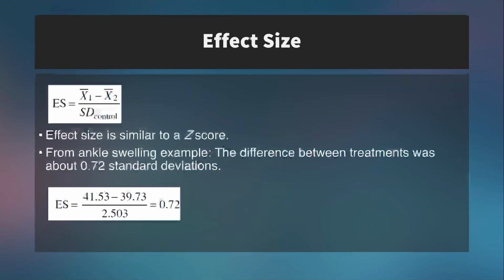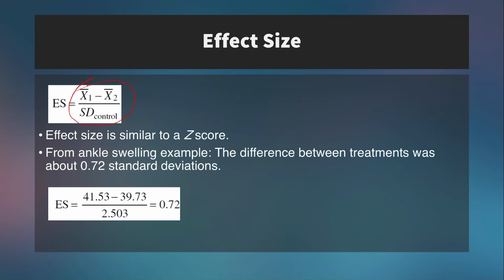We can also calculate effect size. Effect size is similar to a z-score in that it's standardized, and from the ankle swelling example, we would calculate effect size as the mean difference over the standard deviation of the control.